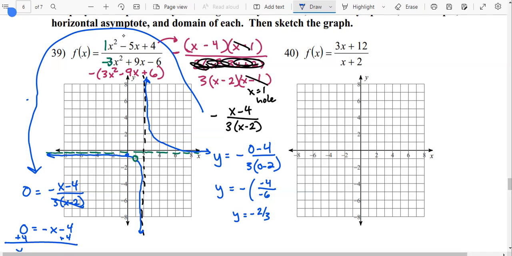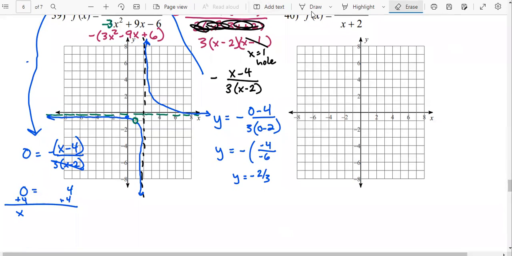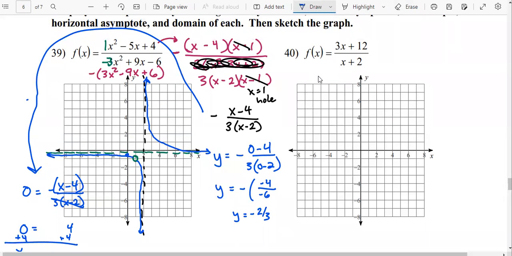Uh-oh. Oh, it should be +4. This should be in parentheses, which means I would have to divide that and it would still be 0, but this would be plus. Sorry if that confused you. When I cross out the 3 and the x minus 2, I still had a negative out front.